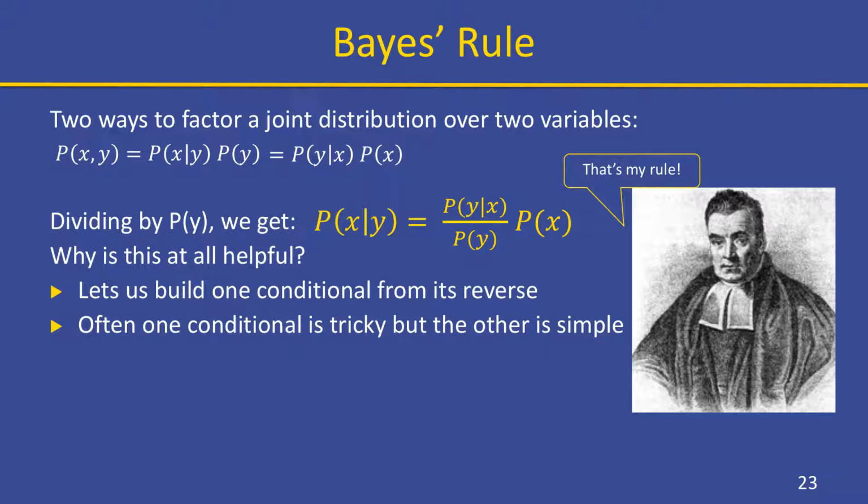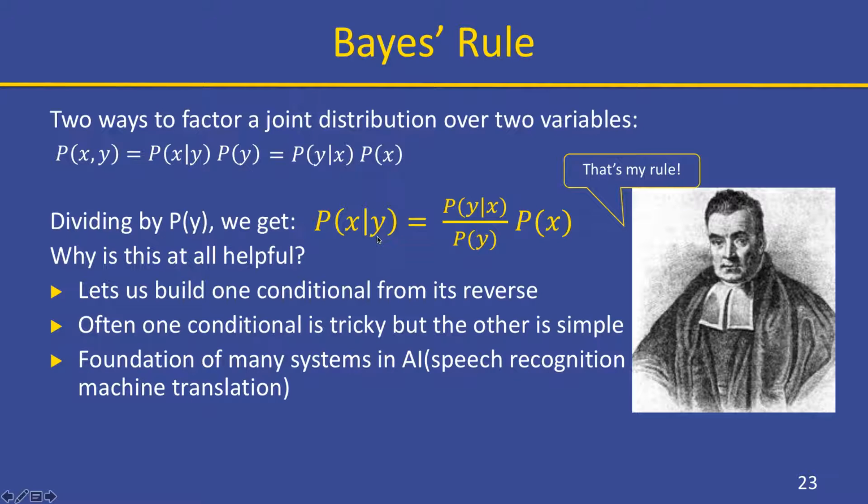Very often one conditional is tricky to compute while the other one is simple. This rule allows us to compute this tricky conditional. It's the foundation of many systems in AI, in speech recognition, in machine translation, and in many more. And it's really one of the most important equations in AI.